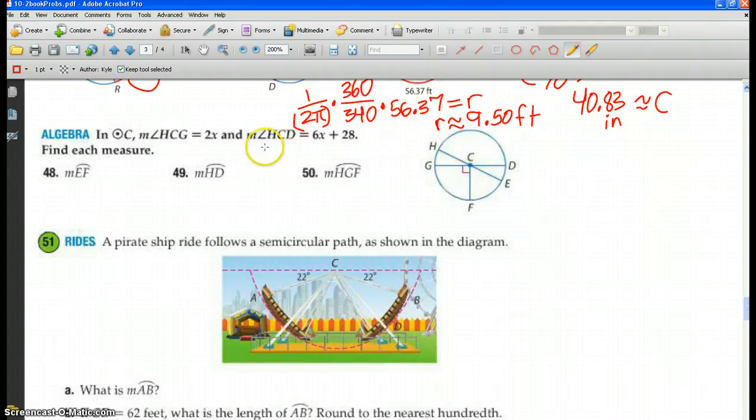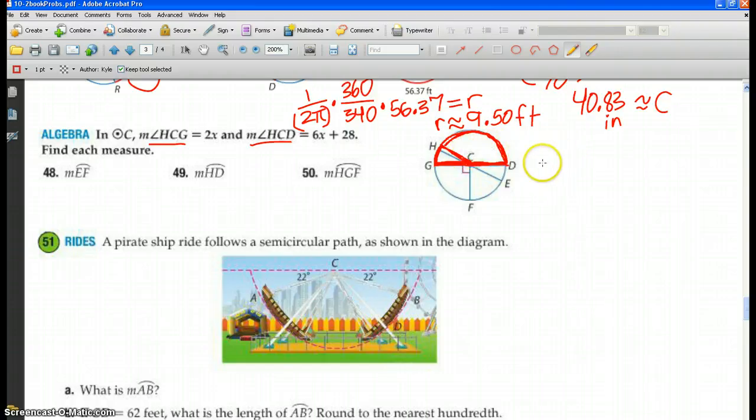Based off of this information that we're given, HCG and HCD would form a linear pair. Or in other words, since GD is the diameter, this angle plus this angle forms a semicircle, so 180 degrees.